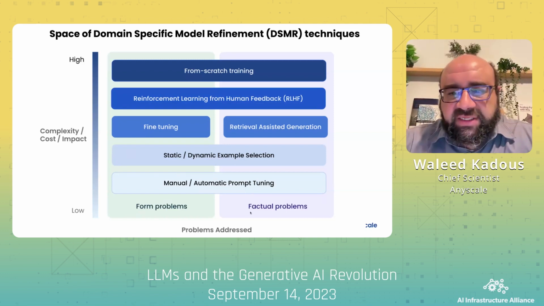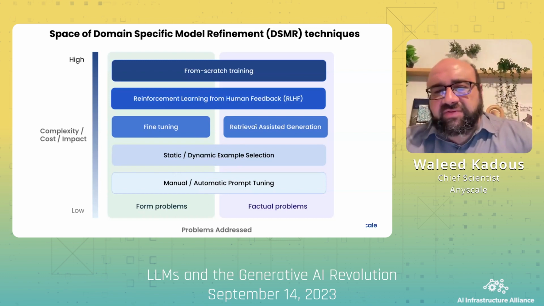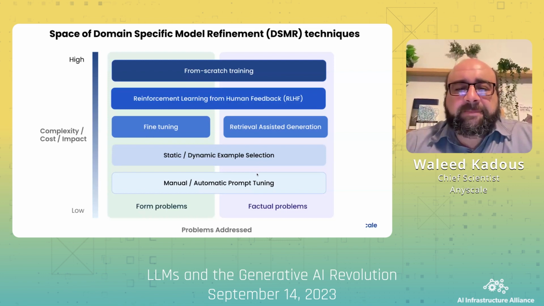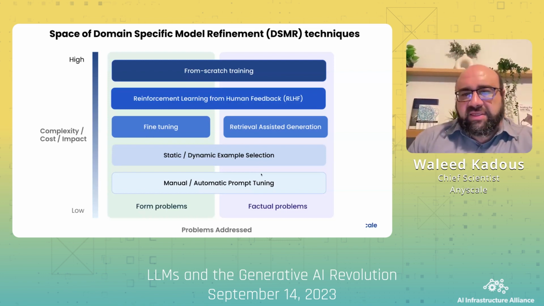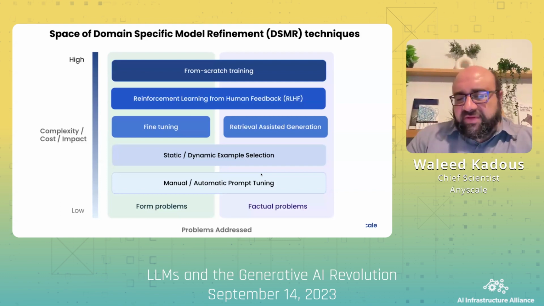Most of us at this particular time in history will probably be focusing only as far as fine-tuning and retrieval-assisted generation. But different approaches work well for different things. I think one of the issues, though, is that when you talk to people, they oversell the benefits of fine-tuning. So let me show you what I mean.